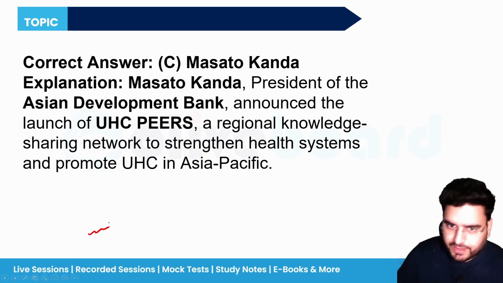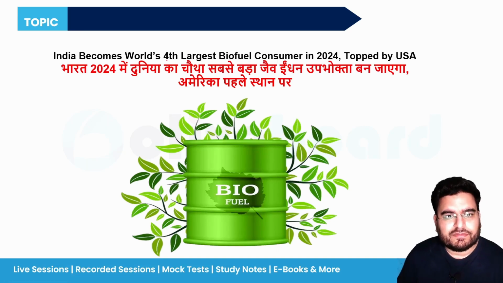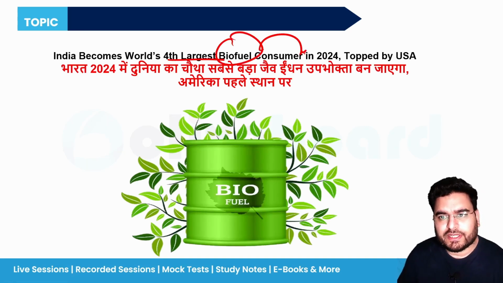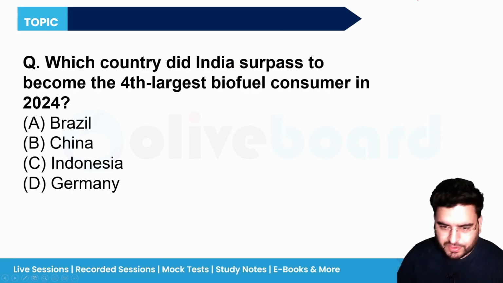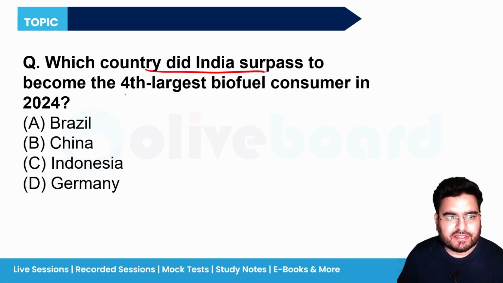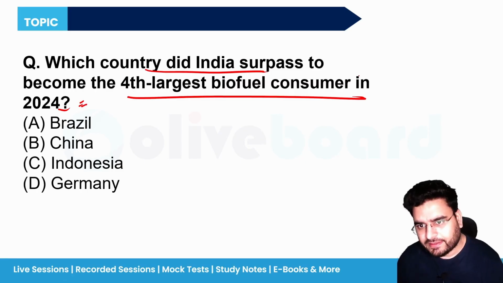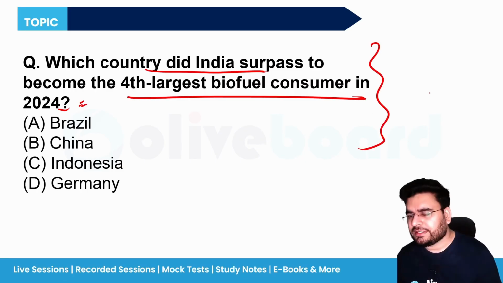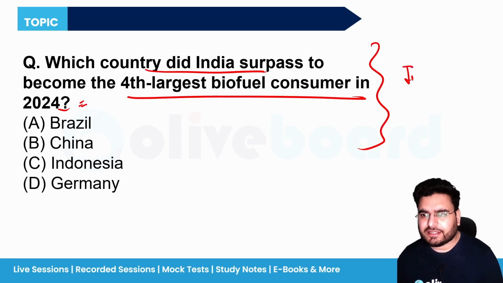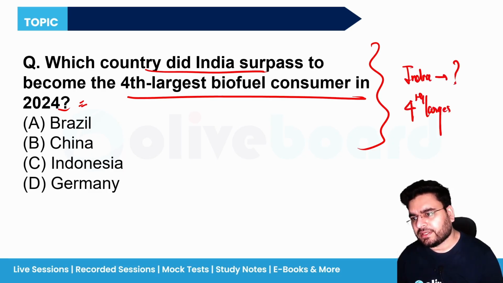Now it's working. Chalo. Next is India becomes 4th largest biofuel consumer in 2024, topped by USA. So let's see which country India surpassed to become the 4th largest biofuel consumer in 2024. Related to this, a recent news was that India has surpassed one country to become the 4th largest economy.